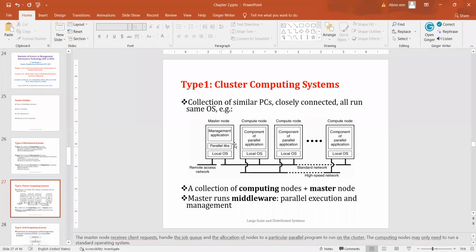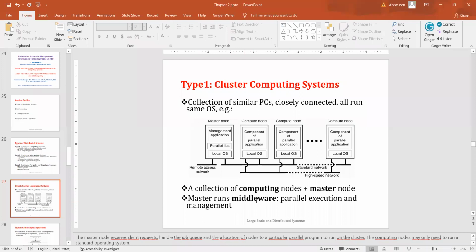Here you see a collection of devices connected: a master node and compute nodes. There are several compute nodes, and all the compute nodes are connected with a master node. The connectivity includes a standard network, a high-speed network, and a remote access network.